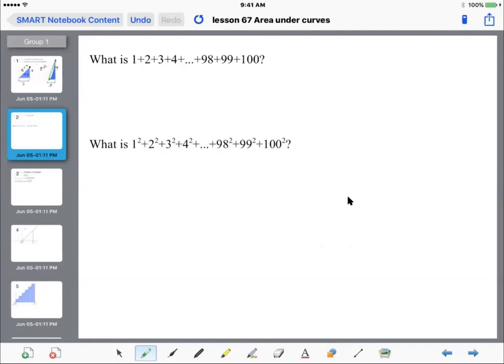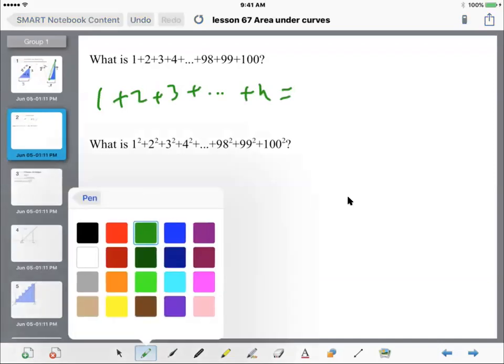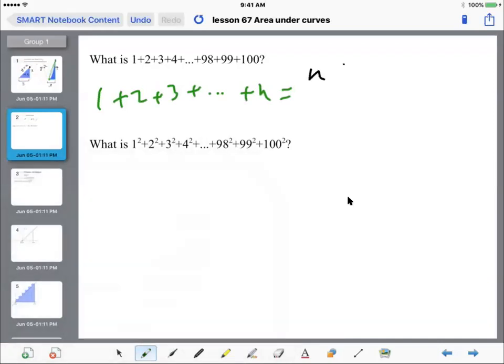Oh, Fermat's method. You mean Gauss's? I see. Yes. It is 5050 though. Yes, the formula for 1 plus 2 up to n is n times n plus 1 over 2.